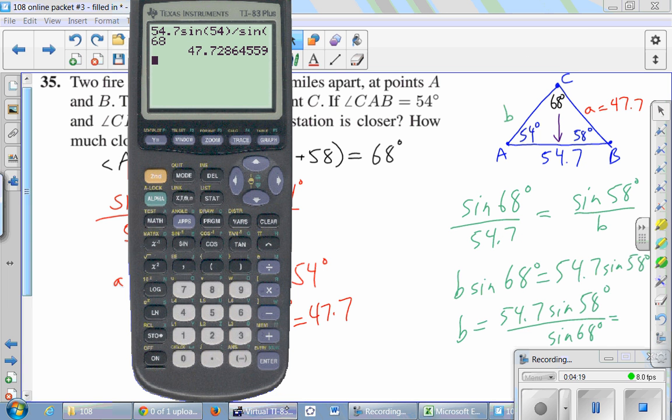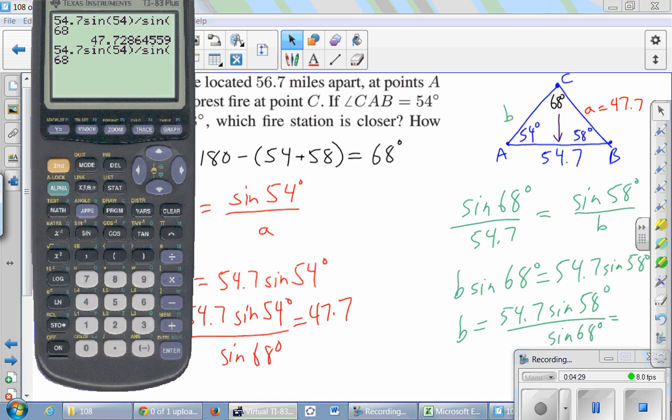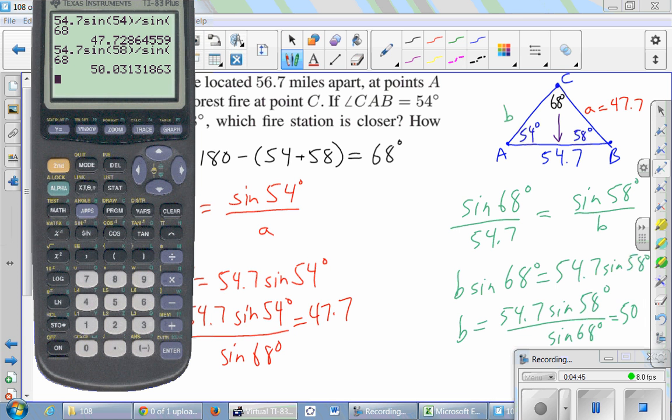Type this in the calculator, and then we'll just change this to a, wait a second, oh, we're changing the one that's on top. So this one right here just becomes a 58 instead of a 54. And that side is about 50 miles long. So that's over here.